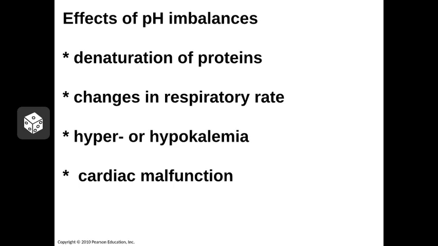We have hemoglobin that is a protein. The other effect of pH imbalances that we could see are changes in the respiratory rate. We could see changes in potassium balance, either hyper or hypokalemia, and ultimately those things can lead to cardiac malfunction.